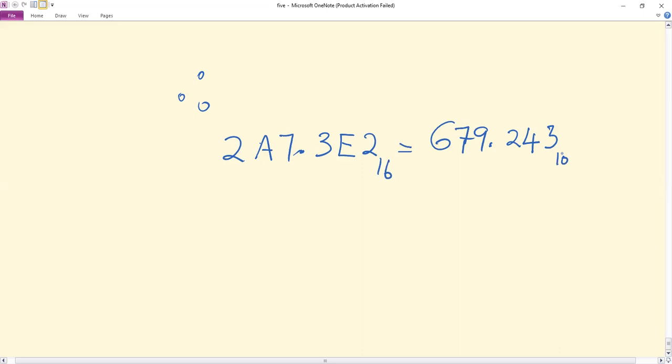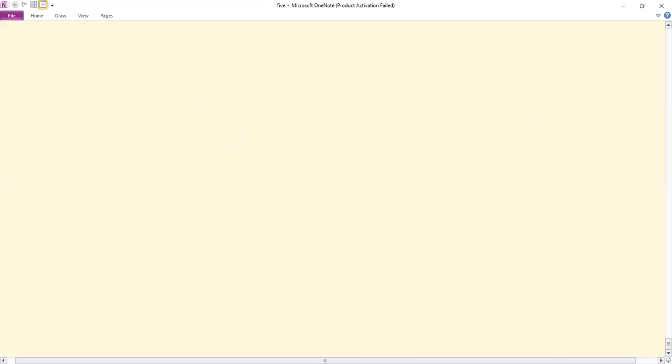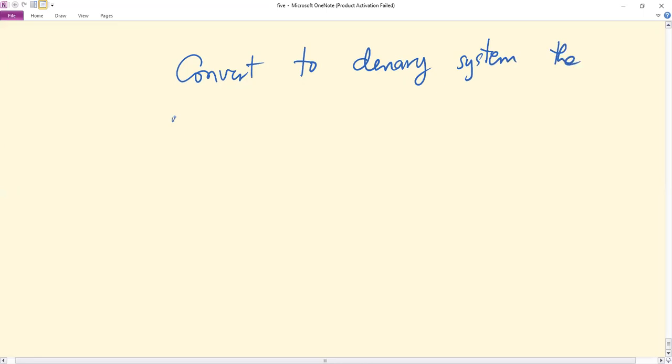And then example 2. Convert to denary form the number 3C4.21F to base 16.